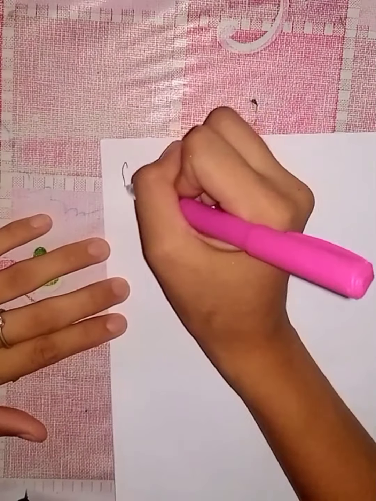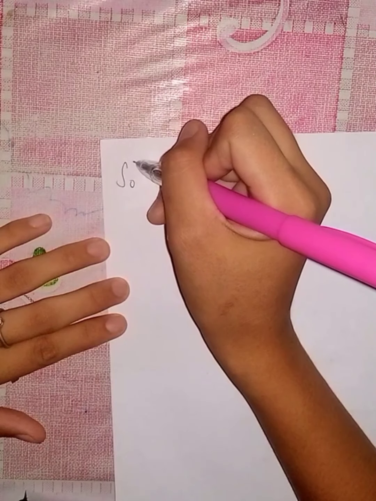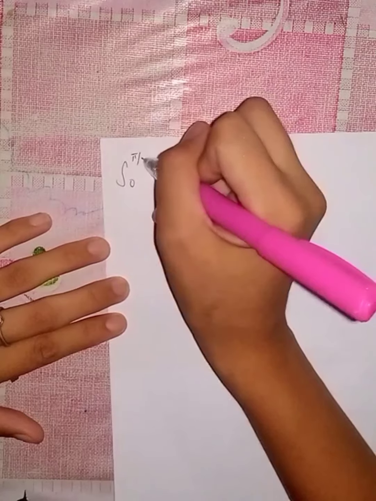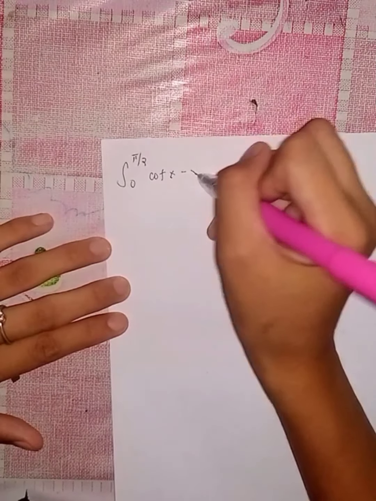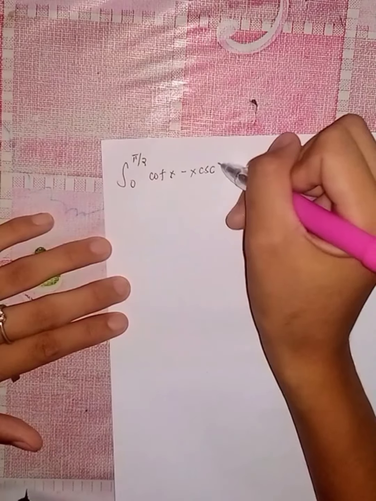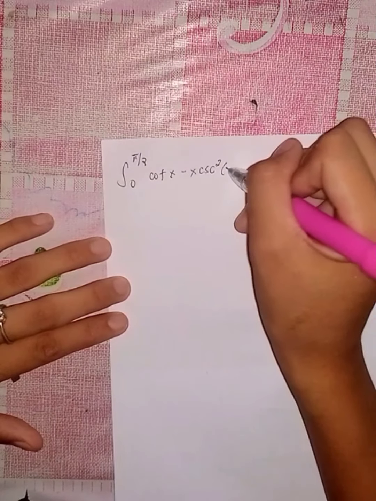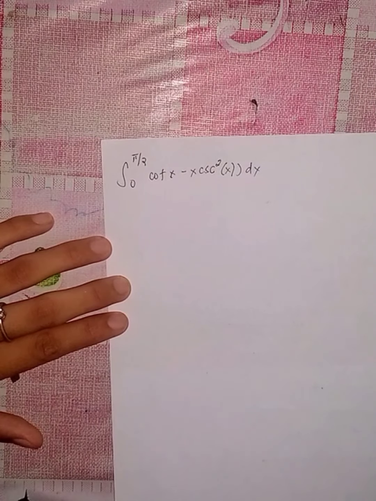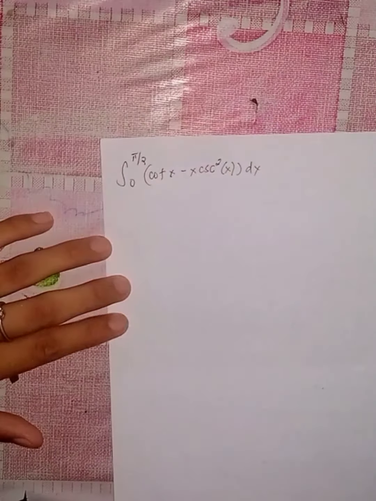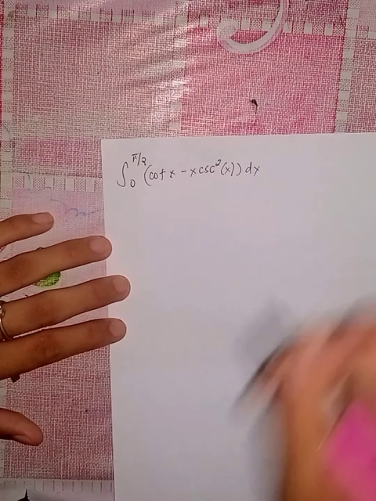Given the integral from 0 to pi over 2 of cot x minus x csc squared x dx. So, first, we remove the parenthesis.